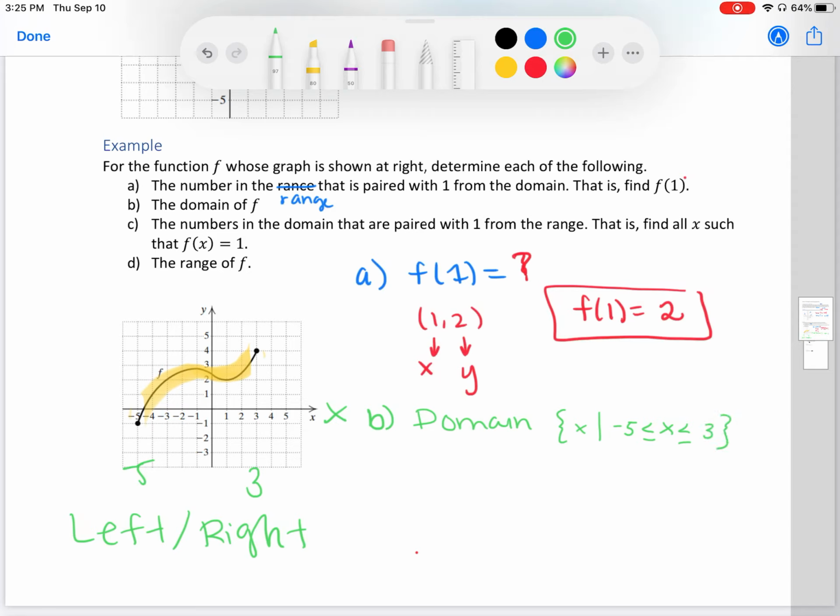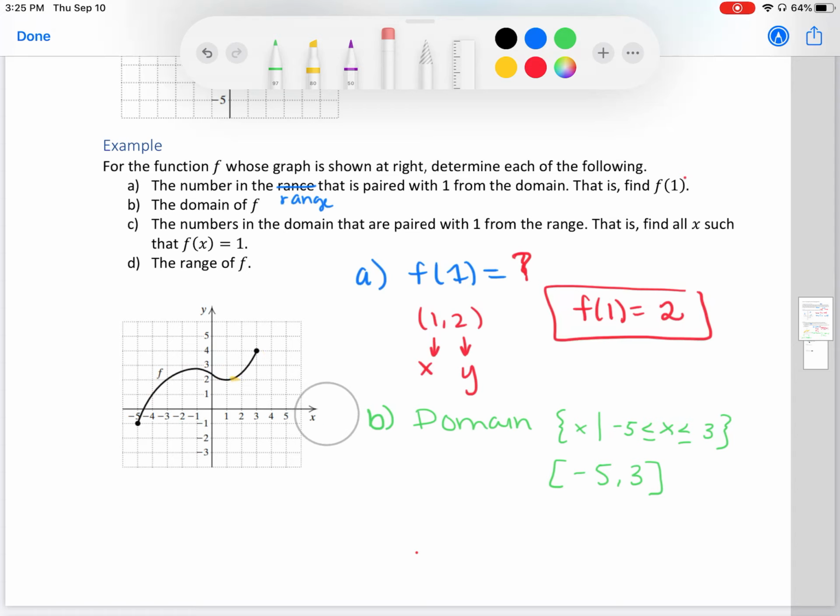If you want to write it in interval notation, which is my favorite, because we just see where we start and where we end, interval notation would be -5 to 3. That is our domain. Let's continue with C. Let me erase my markings from our previous question.